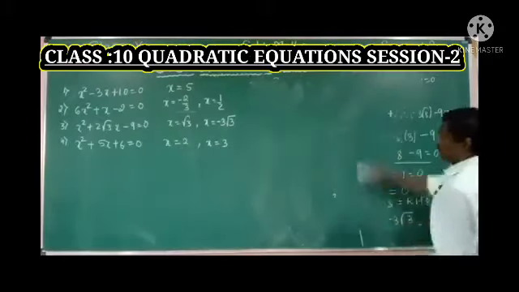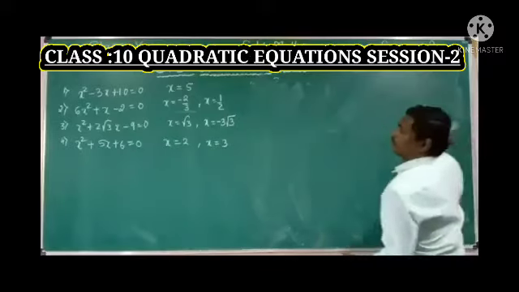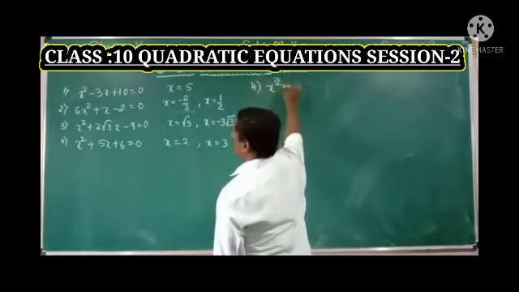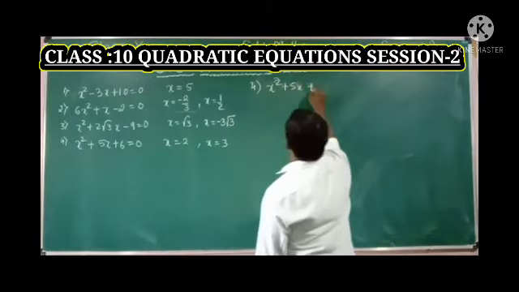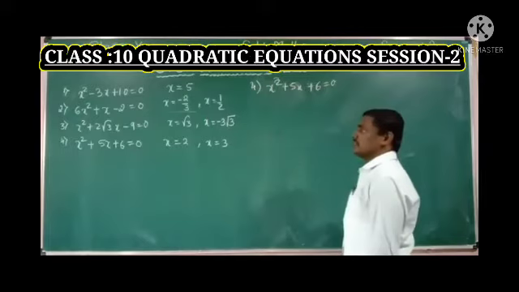Okay, see the last question. What is that last question? Fourth one, x square plus 5x plus 6 is equal to 0.